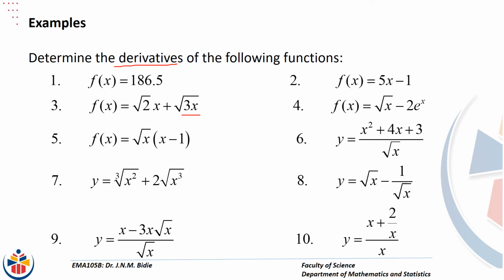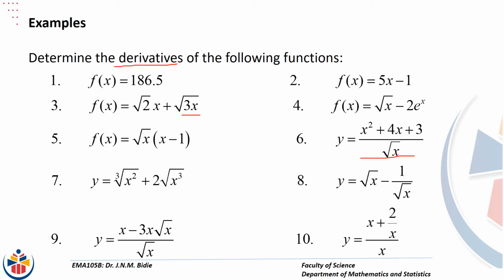Because we have not learned any other methods of differentiation, it means we have to simplify y first before finding the derivative of y. We know the square root of x is just x to the power half. So what you do, you divide each term in the numerator by x to the power half.